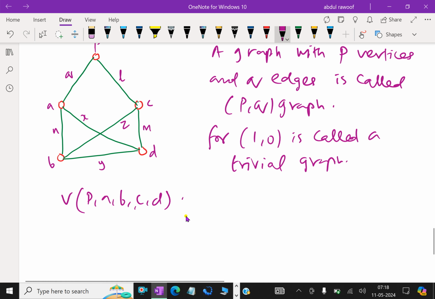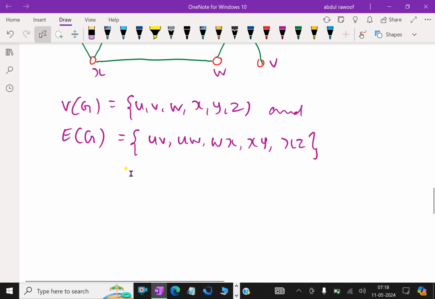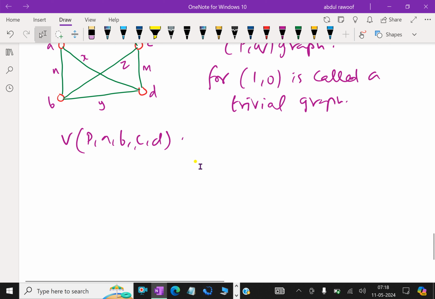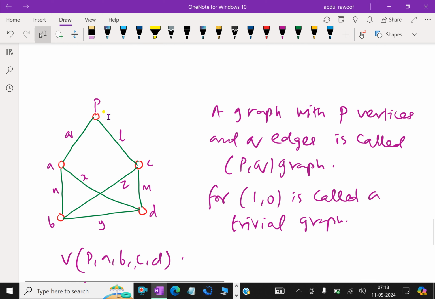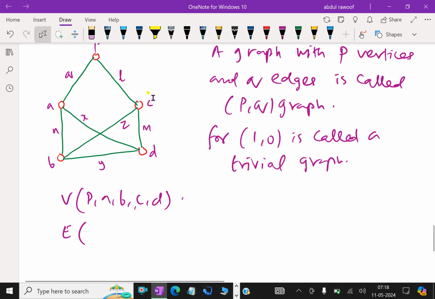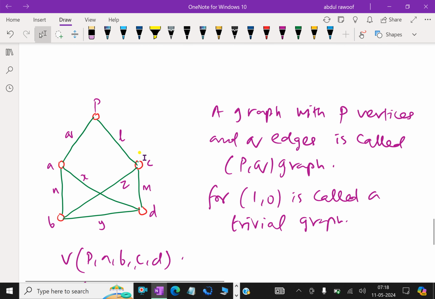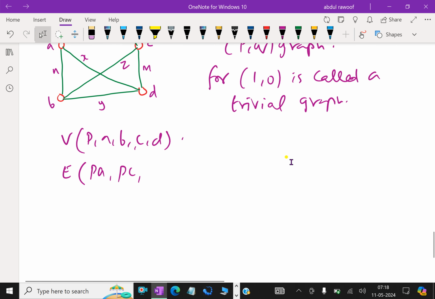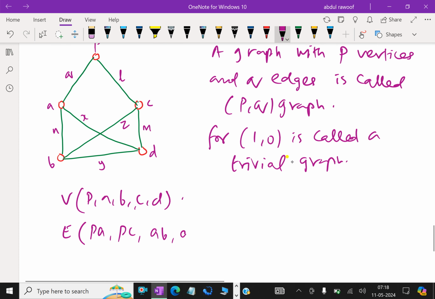And then the edges. Look at these edges. Here, what are the connections? PA, PC. That means P is connected to A, P is connected to C, A is connected to B, A is connected to D, and C is connected to D.